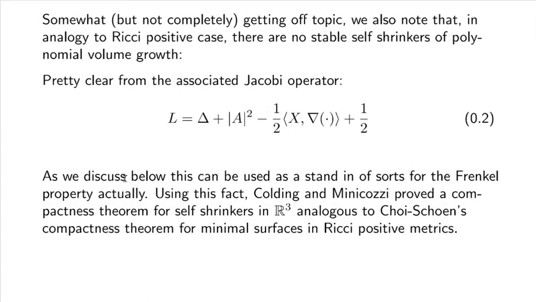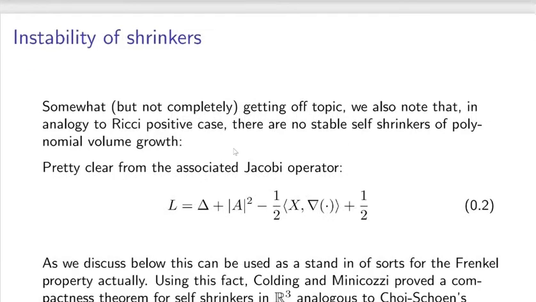This can be used, at least I will use it below, as a stand-in of the Frankl property. I'll discuss that in a second. Also, I just want to point out that like in Ricci positive 3 manifolds, you can use this to prove a compactness theorem for self-shrinkers in R3.